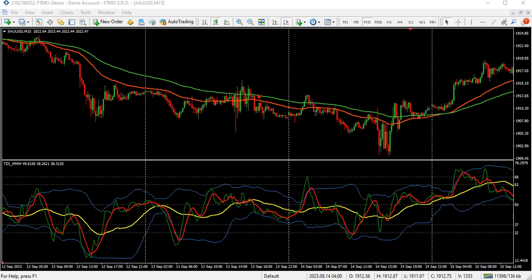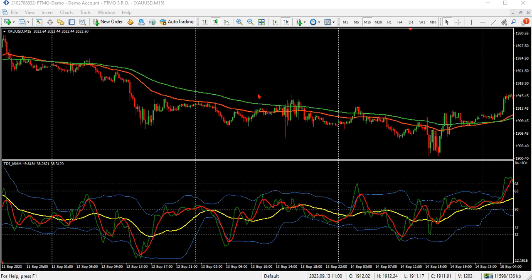All right, so we're going to talk about two things: how to identify when the market is trending, and how to identify when the trend is getting ready to change. For trending, you have the bullish trend and the bearish trend. Bullish trend is the uptrend. Bearish trend is the downtrend.